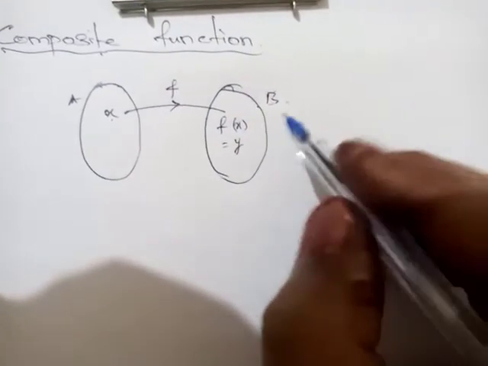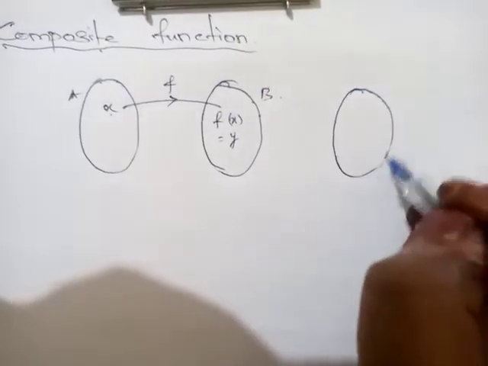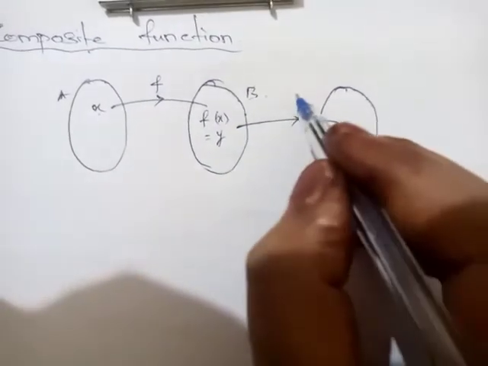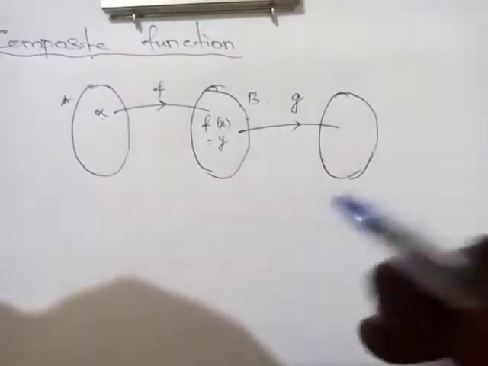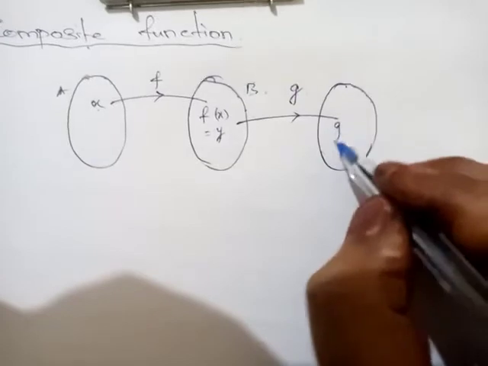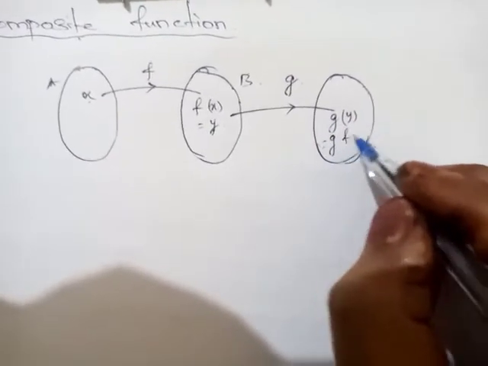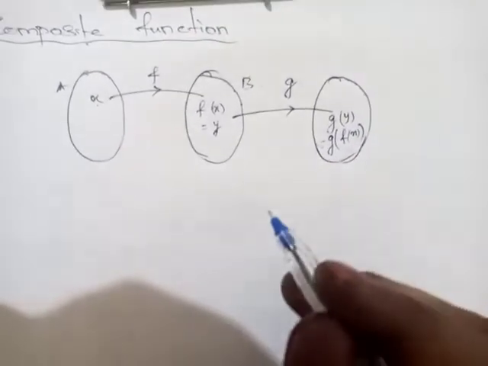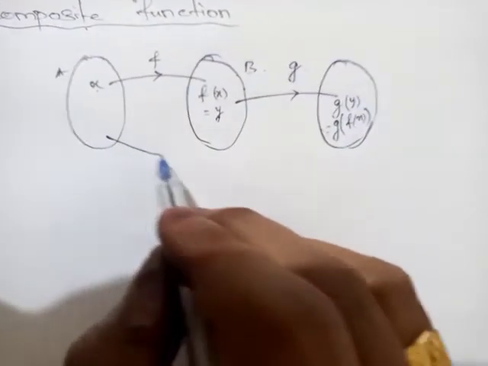Now from set B to another set C, I am creating another function g. If we assign this function, y becomes g of y, or we can say g of f of x. Now think about going from set A to C directly.